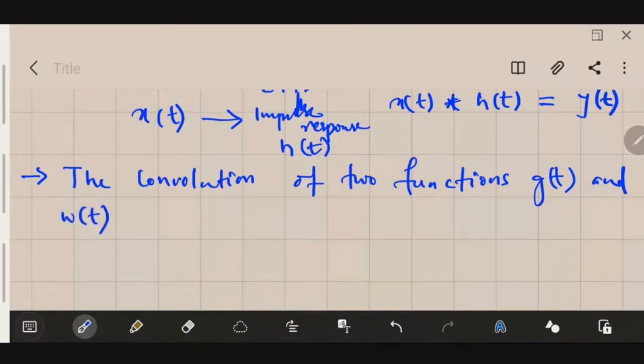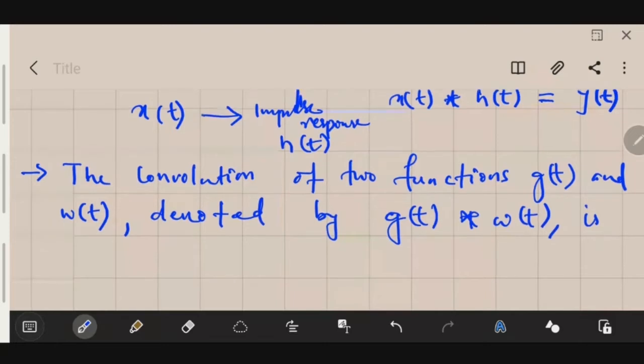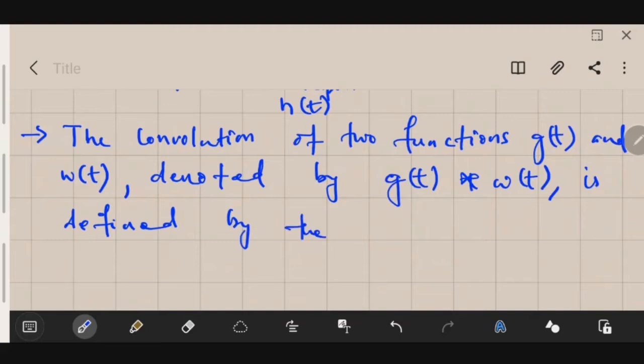If g of t is the input, then w of t might be the impulse response. It is denoted by g of t star w of t, where star stands for convolution, and it is defined by the integral.